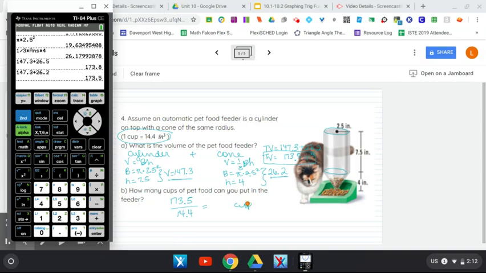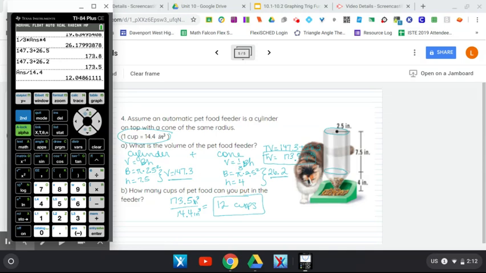So you're going to basically take the inches cubed and divide them so that cups is what's left. So in the calculator, I'm just going to hit divide by 14.4, and it is about 12 cups. So you can fit about 12 cups into the pet food feeder.